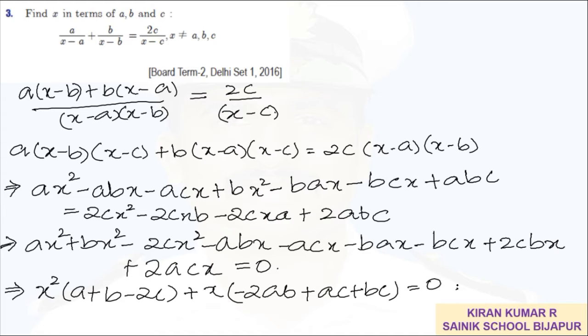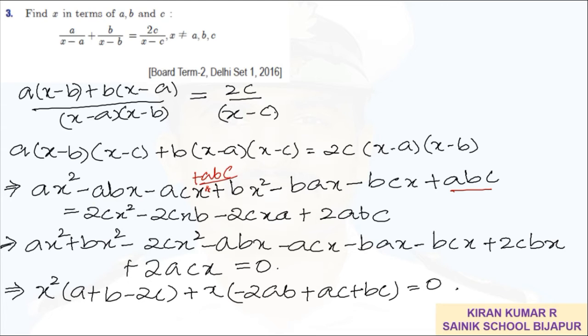In this we don't have a constant term here. Let me show it using the other ink. Here we had abc, and here there has to be one more abc.